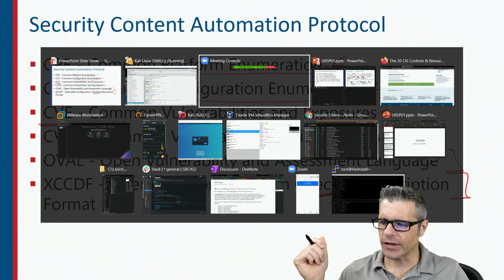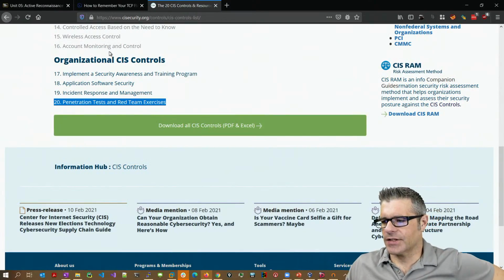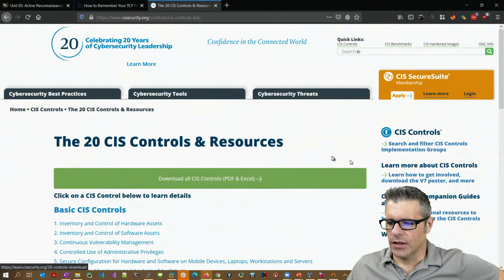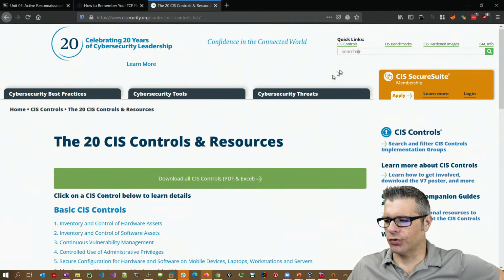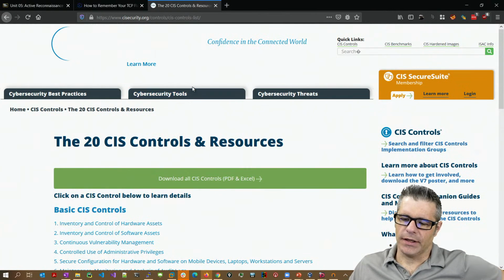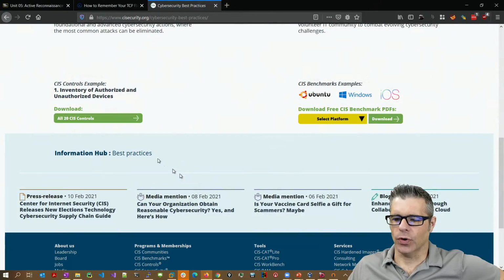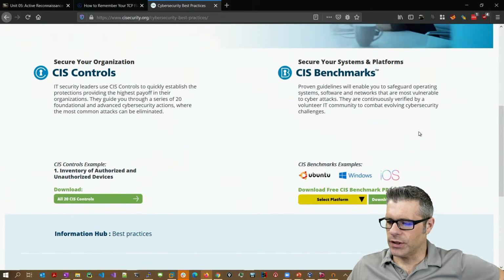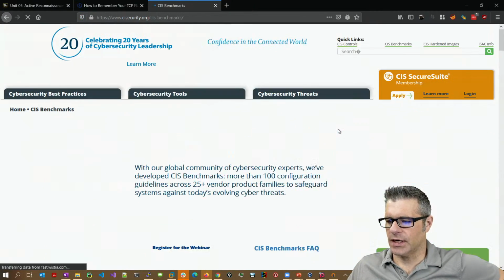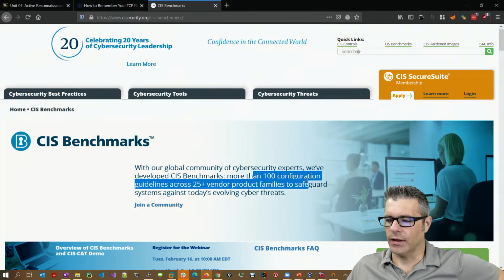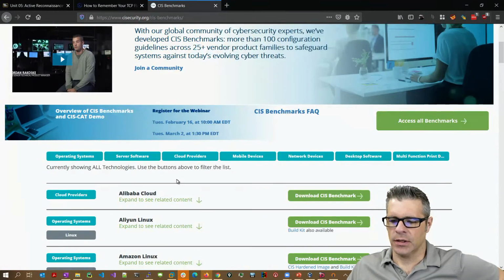Another thing our friends over at the CIS do is, in addition to providing these handy dandy tools and controls, they also provide cybersecurity best practices, checklists for what you should be doing for various benchmarks on various systems. More than 100 configuration guidelines.